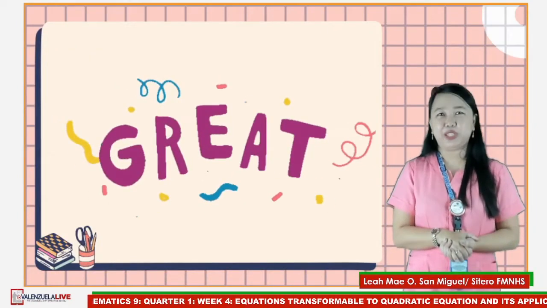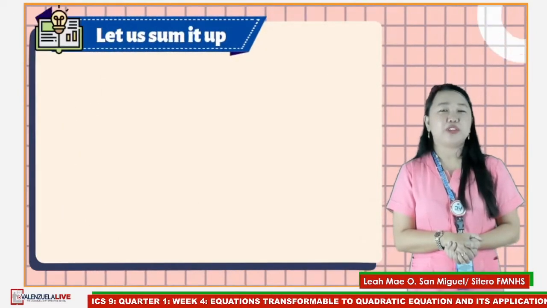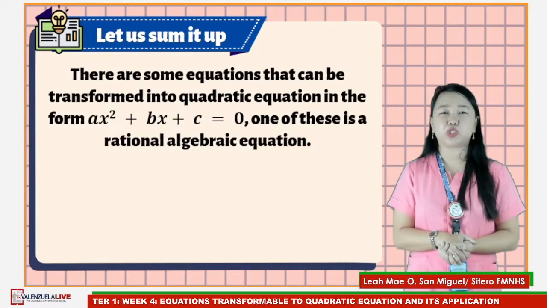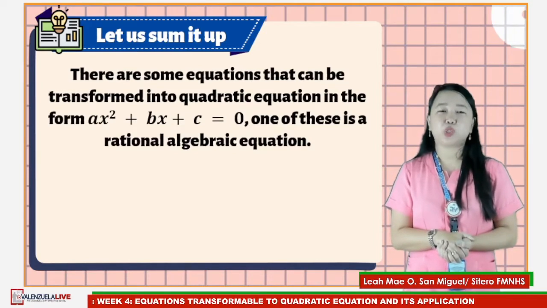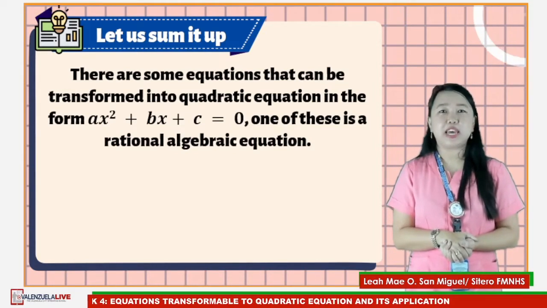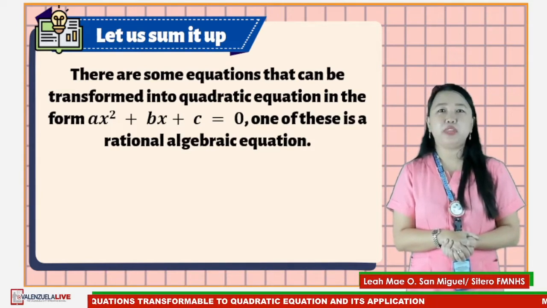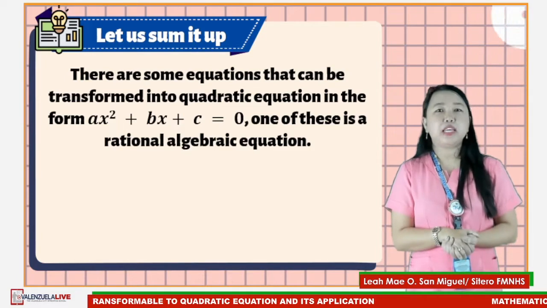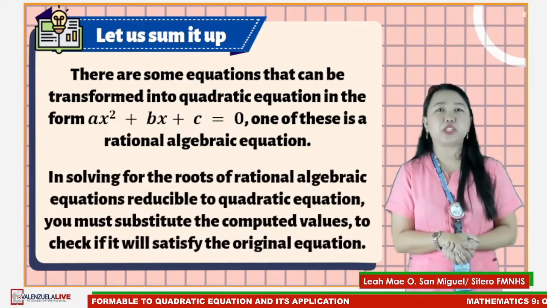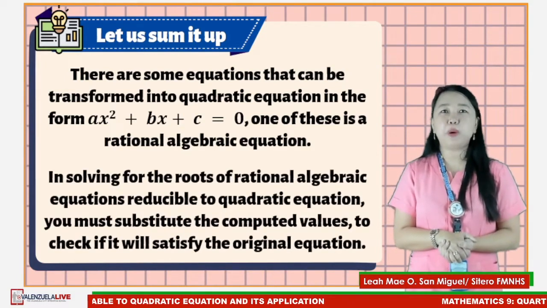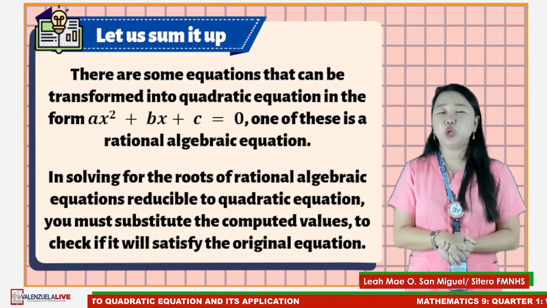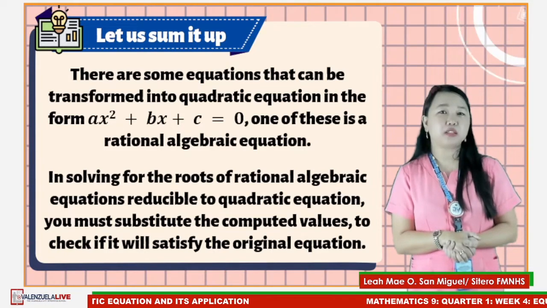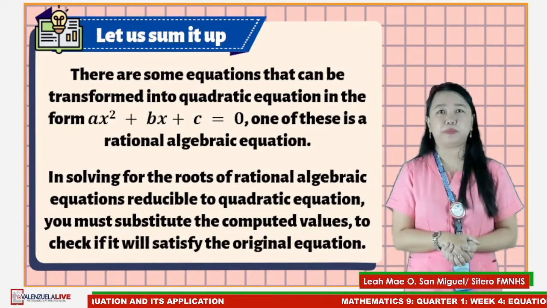To sum up today's lesson, there are some equations that can be transformed into quadratic equation in the form ax squared plus bx plus c is equal to 0. One of these is a rational algebraic equation. In solving for the roots of rational algebraic equations, transformable to quadratic equation, you must substitute the computed values to check if it will satisfy the original equation.